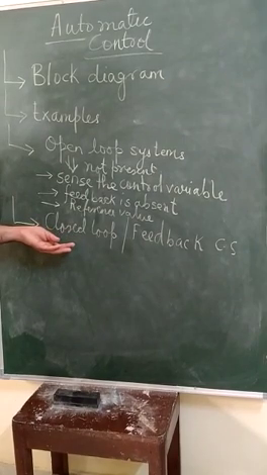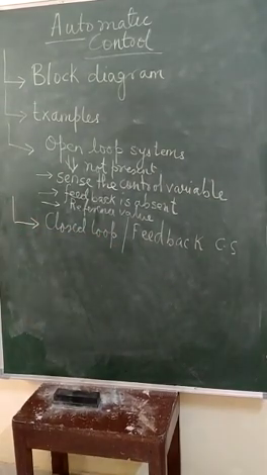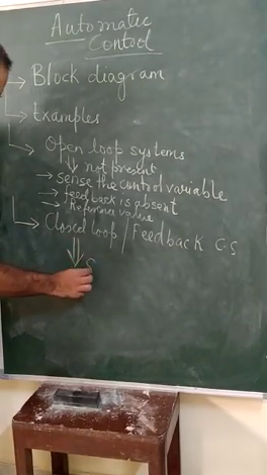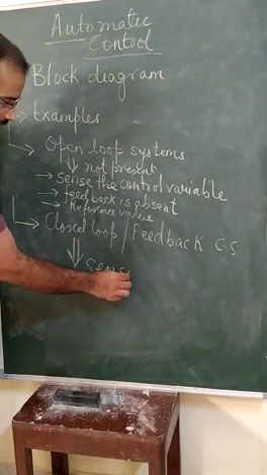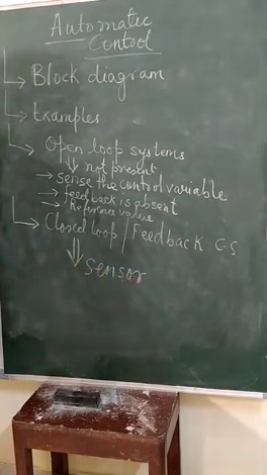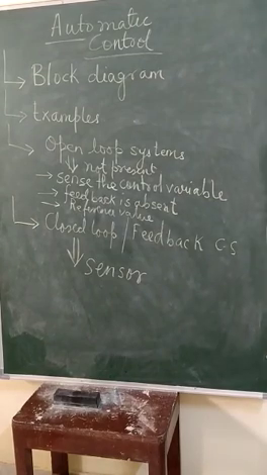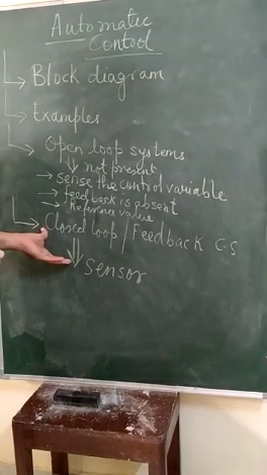The contrasting classification of control system is the closed loop or feedback system, whose main characteristic is that you have a sensor present in the system. For example, in a single degree of freedom system, we saw that the sensor was a displacement sensor, accelerometer, or a proximity sensor or strain gauge, and you sense the control variable.